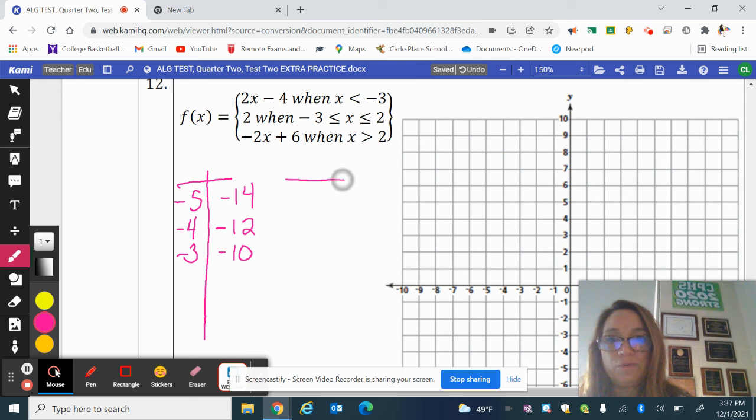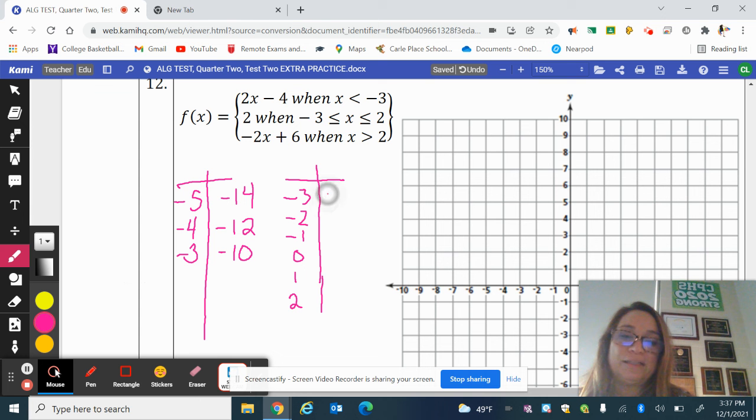Okay, so now it's saying from -3 up until 2. So that would be -2, -1, 0, 1, and 2. And this is actually easy to graph because it's just saying the answer is always 2. That's that horizontal line.